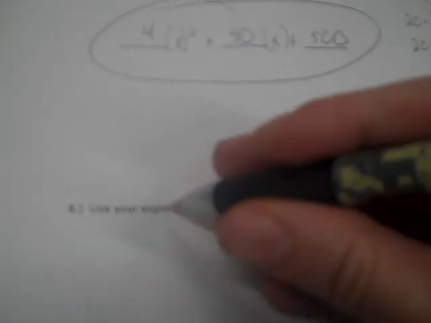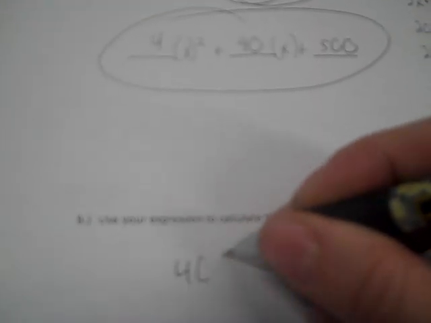Now, what that means is these x's that we had, well, we now know x is 4. So put equals x next to that 4. And that means we replace the x's with the number 4. So write out what you got: 4, then empty parentheses, second power, plus 90, empty parentheses, plus 500.